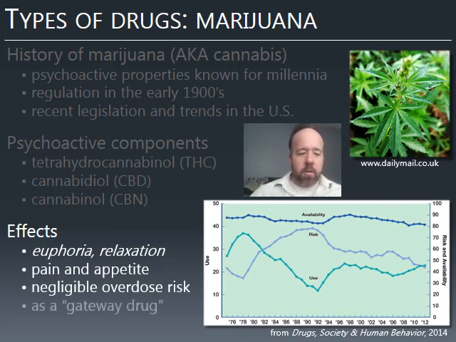In terms of dependence, your body cannot become physically dependent on marijuana. There are arguments for psychological dependence on marijuana. We'll get to that here in a minute. Of course, marijuana is often put forth as a gateway drug. And the idea is that if you start using marijuana, you will eventually use other harder drugs like cocaine or heroin. And there's really not much evidence for that hypothesis.